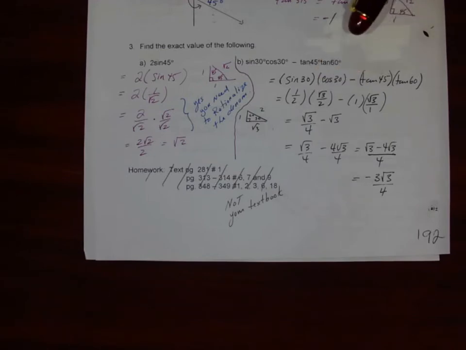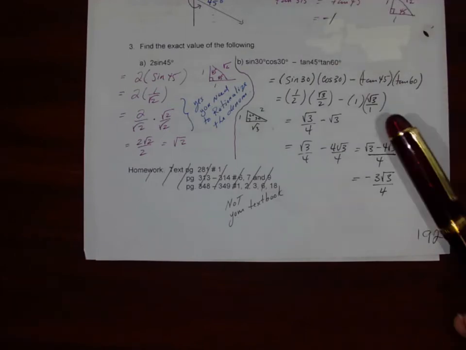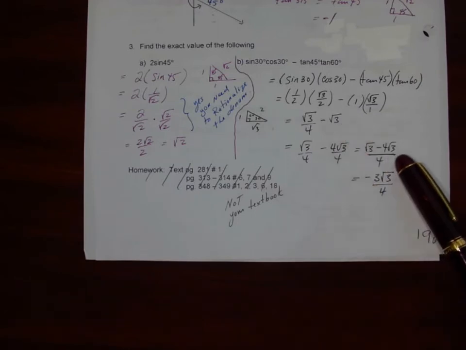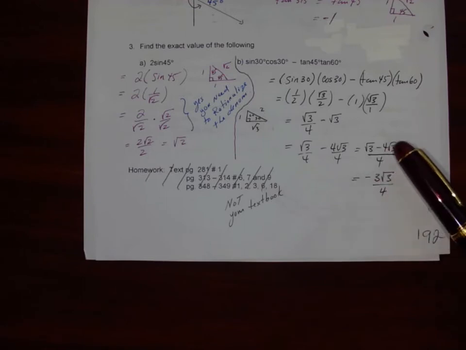Cos of 30 is root 3 over 2. Tan of 45 is 1. Tan of 60 is root 3 over 1. Top times top, bottom times bottom: root 3 over 4 minus root 3. Get a common denominator. Do the subtraction of like terms. 1 root 3, take away 4 root 3's, gives me negative 3 root 3 over 4.